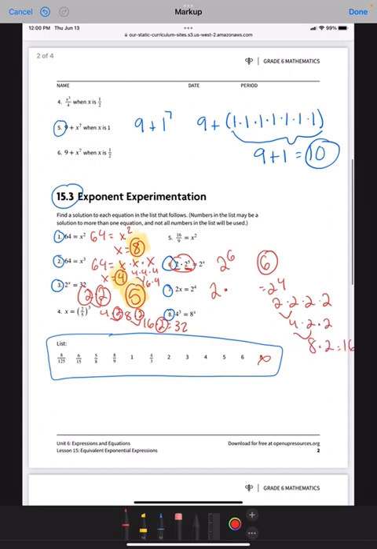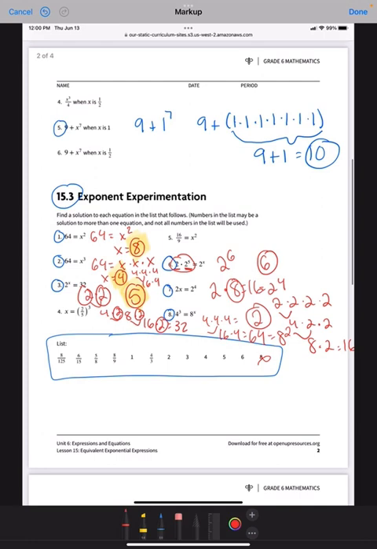So 16, and I'd have to think of what I could multiply 2 by to get 16. That would be 8. That one was confusing. Then the last one, I have to know what 4 times 4 times 4 equals. 16 times 4 is 64 equals 8. Then 8 to get 64 would be 2. So my answer would be 2 for this one.